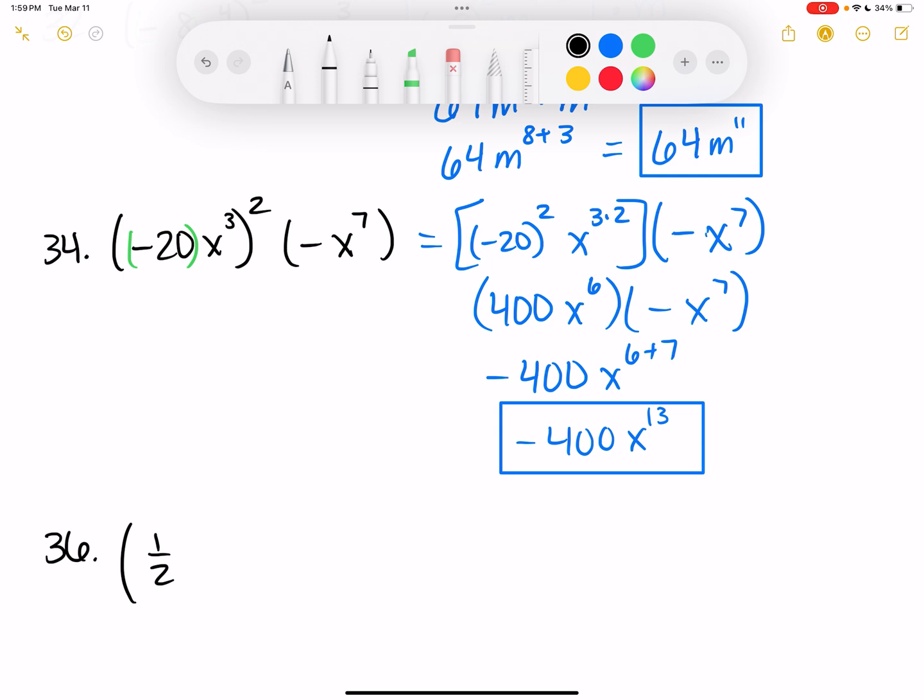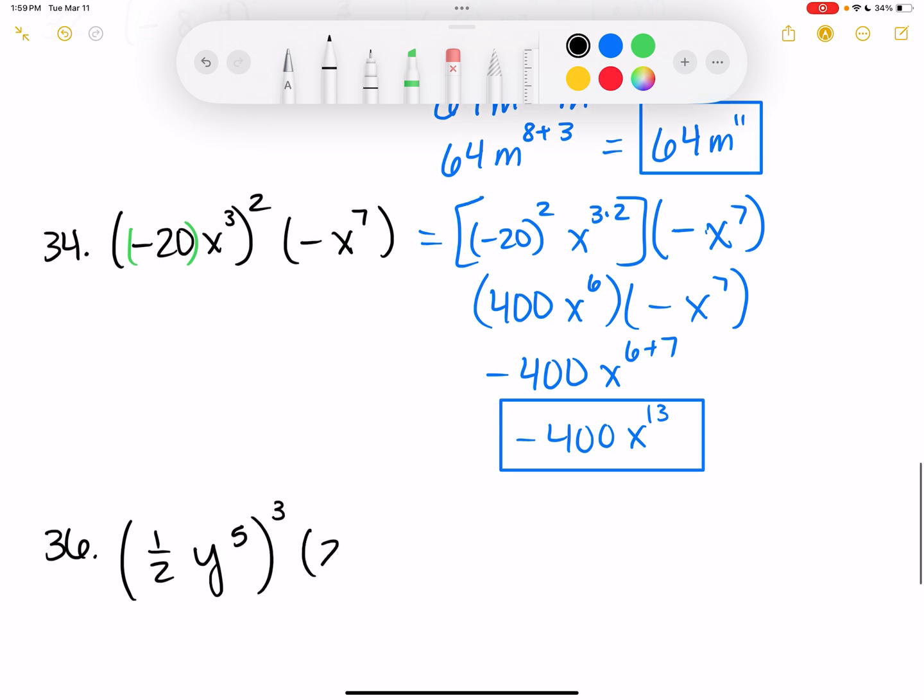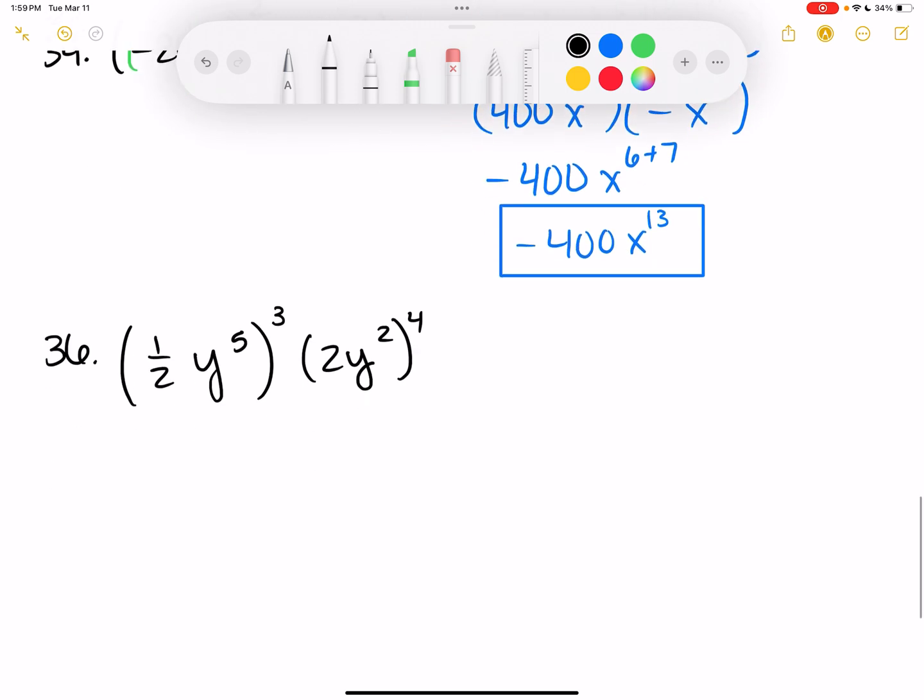So one half y to the 5th, all of that cubed, times 2y squared, all raised to the 4th. Distribute. Do that on both of them. This one's a little different because I now have 1/2 being cubed, which is another rule that isn't even in this section.